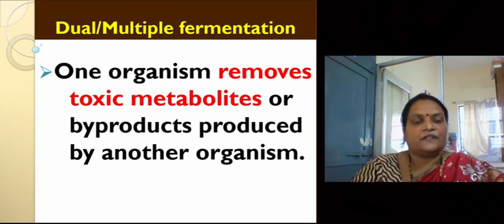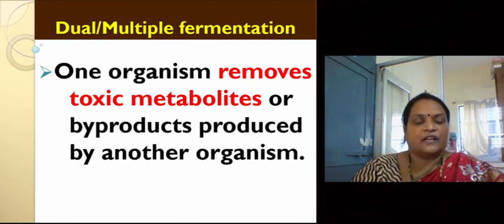The next purpose of dual and multiple fermentation is one organism removes the toxic metabolites or byproducts produced by another organism. Our fermentation organism grows in the medium, but during its growth it accumulates some toxic metabolites. And if these toxic metabolites accumulate as it is in the fermentation medium, it will hamper the product formation.